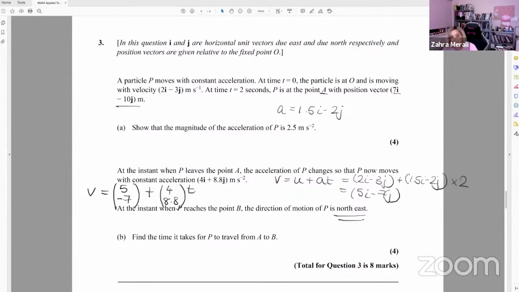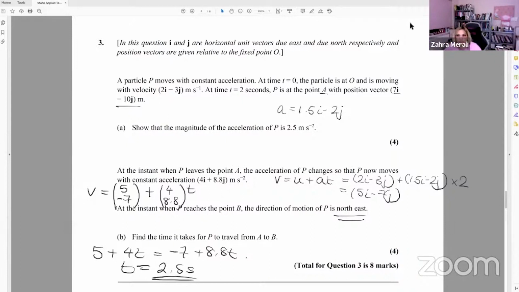And the bit we don't know is t. But we know it's moving northeast. So i equals j. So if we take the top line, we get 5 plus 4t, and that equals minus 7 plus 8.8t. Nice simple algebra, and we get 2.5 seconds. So northeast, i equals j. That's what you're going to remember.